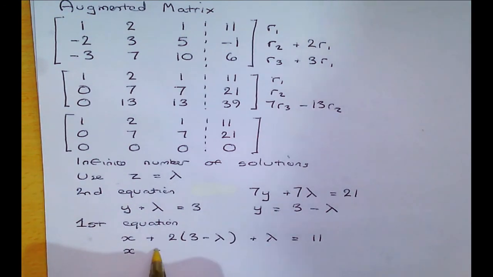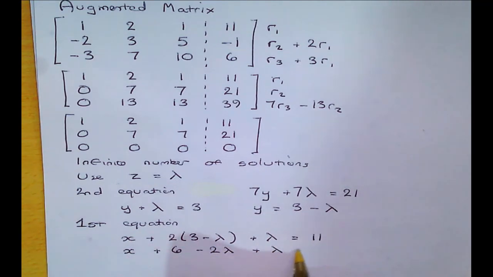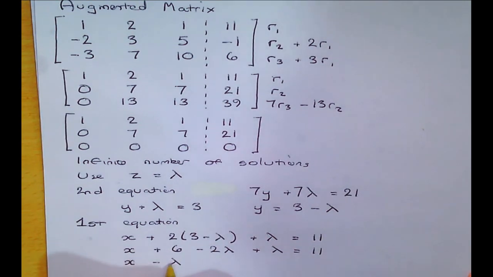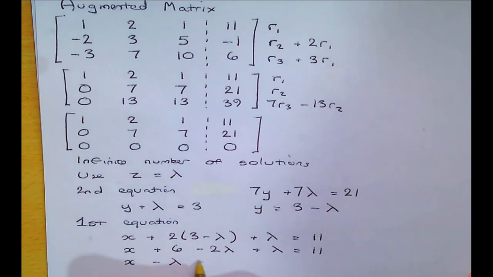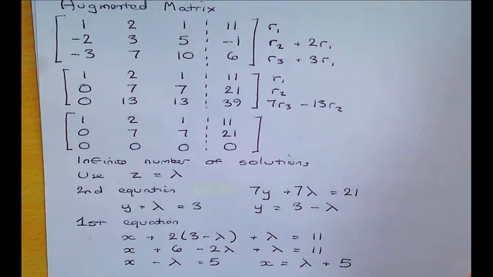Or x plus 6 minus 2 lambda plus lambda is equal to 11. x minus lambda is equal to 11 minus 6, which is 5. So x will be equal to lambda plus 5.